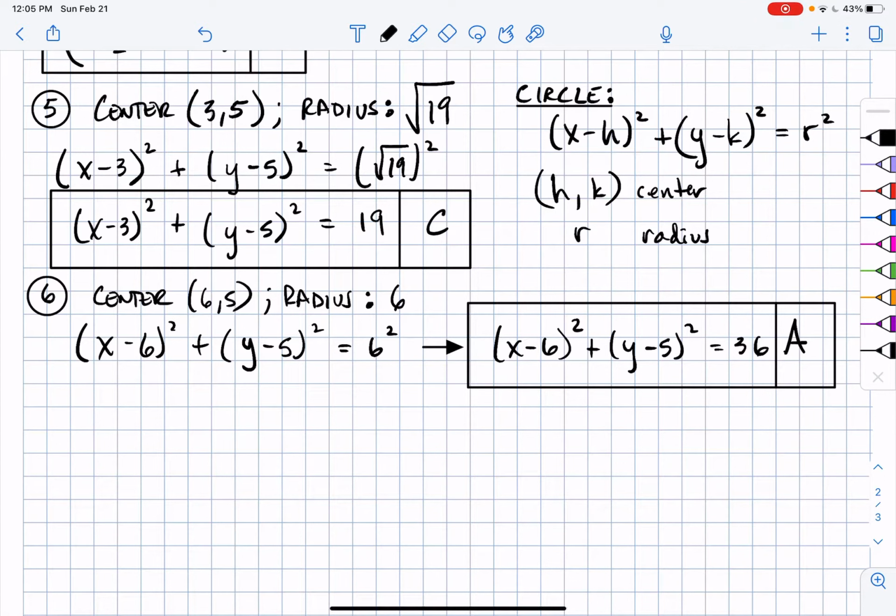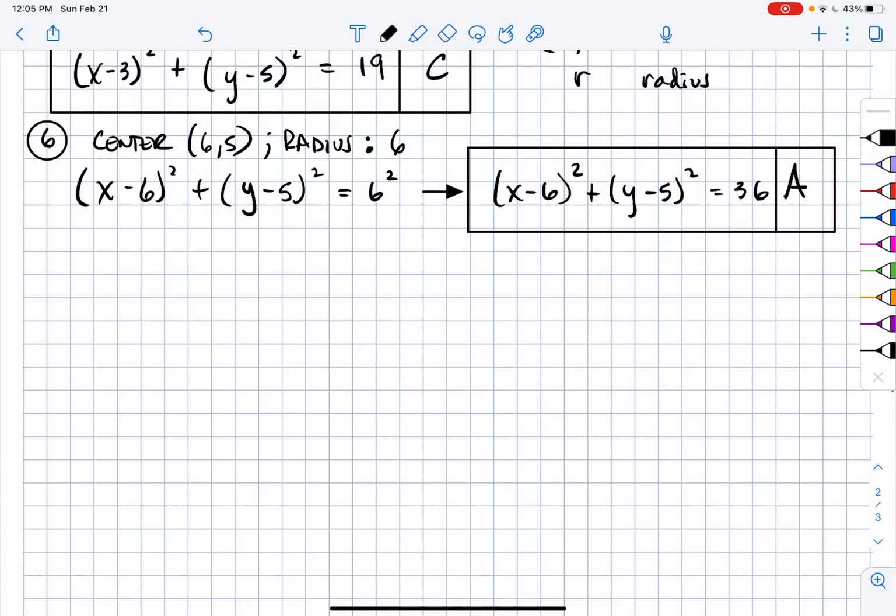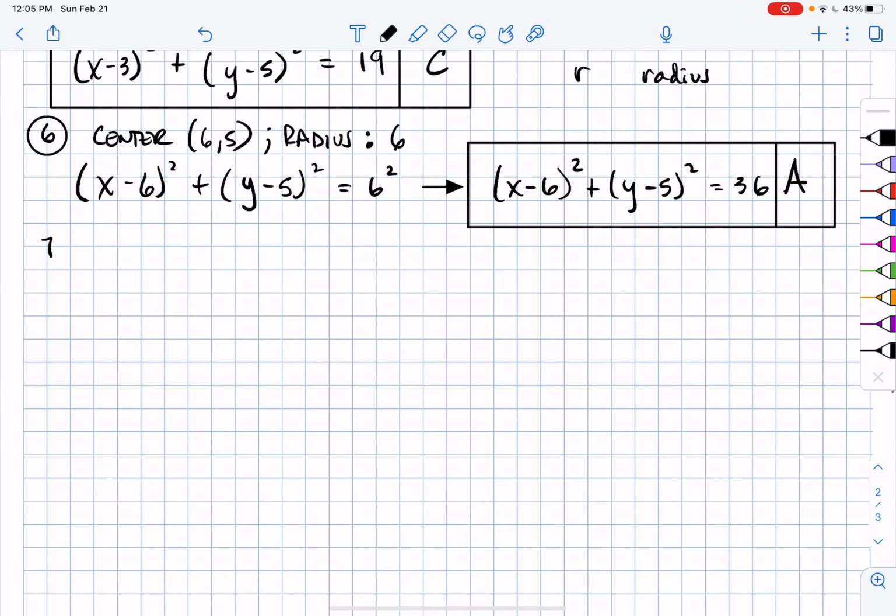There we go. All right, on to number 7. All right, so there's 7. So number 7, if you read the direction, it says complete the square and write the equation in standard form.